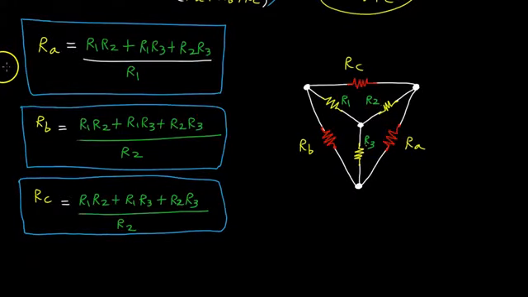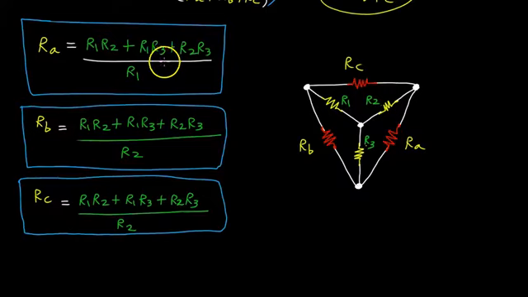Alright, so in this case I've also gone ahead and found out the relations for RB and RC as before to save time, and also to just avoid doing extra math and just go ahead and learn a new abstraction and be able to use this rule from now on to simplify our lives when it comes to doing Y delta conversions.